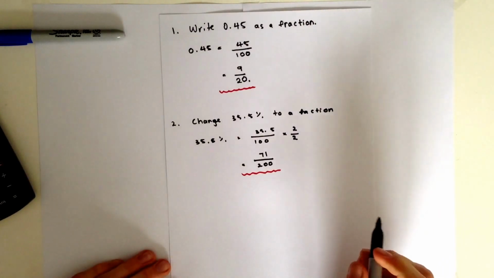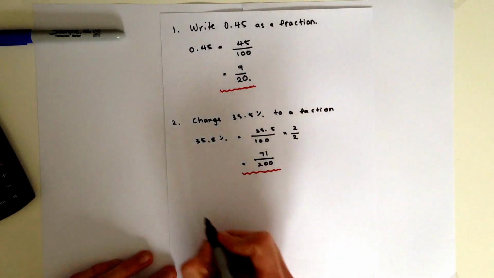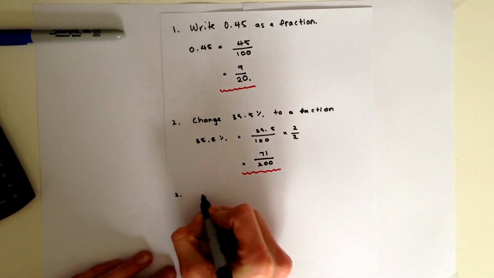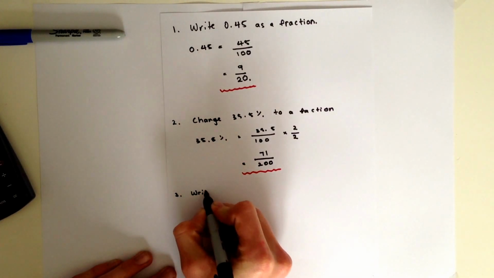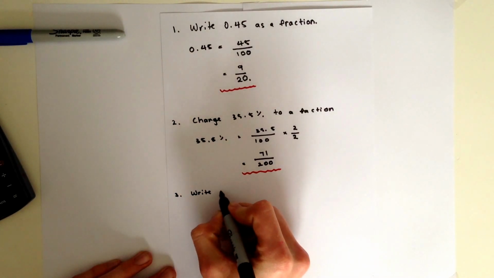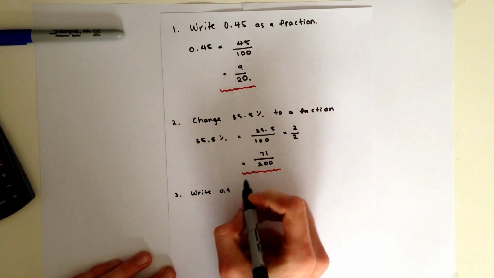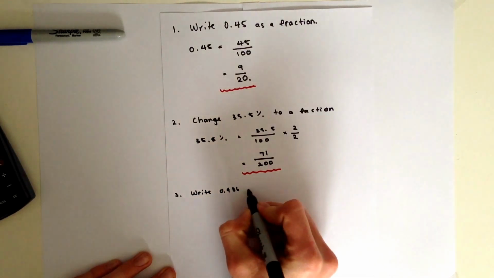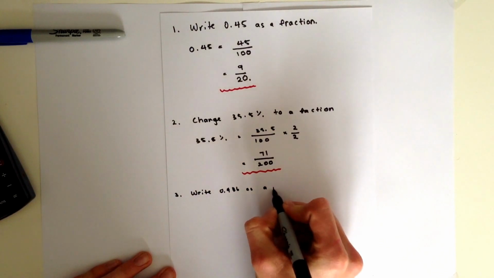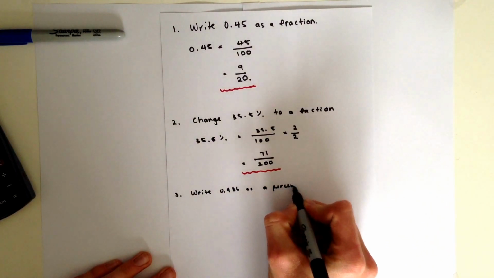Okay, our next example is going to be: write 0.436 as a percentage.